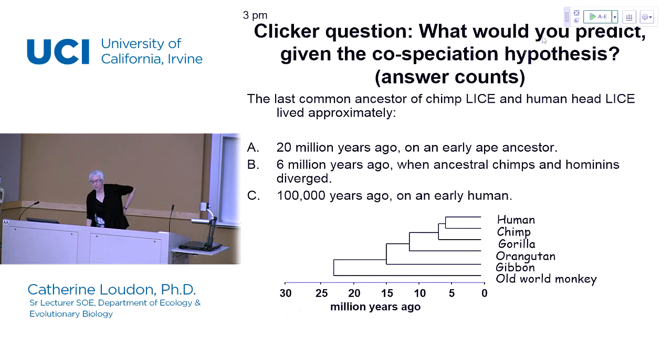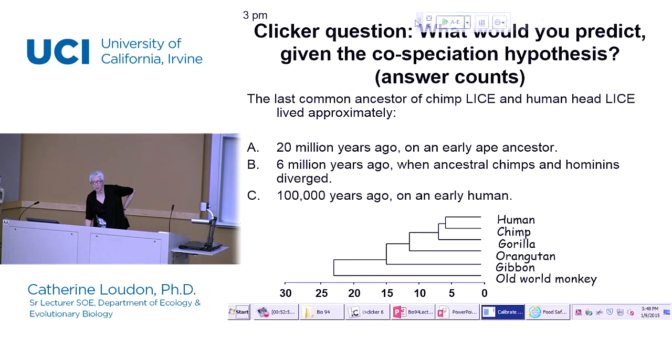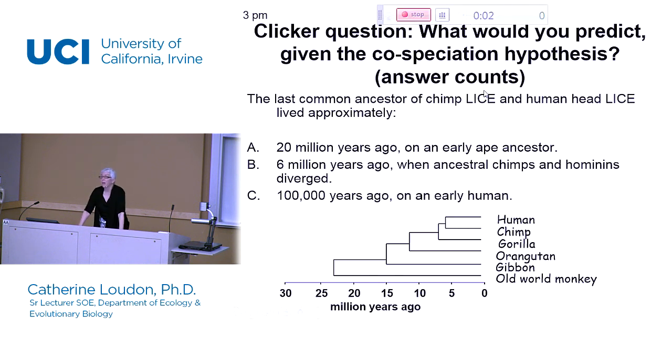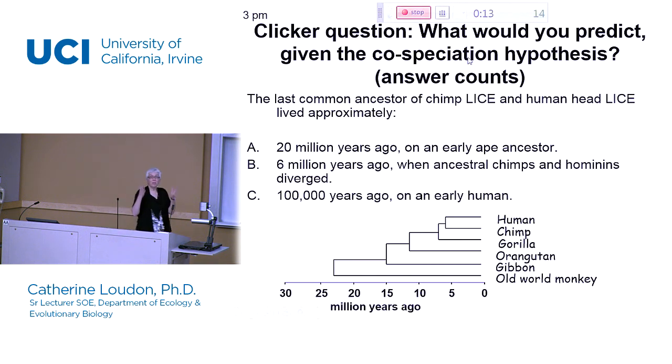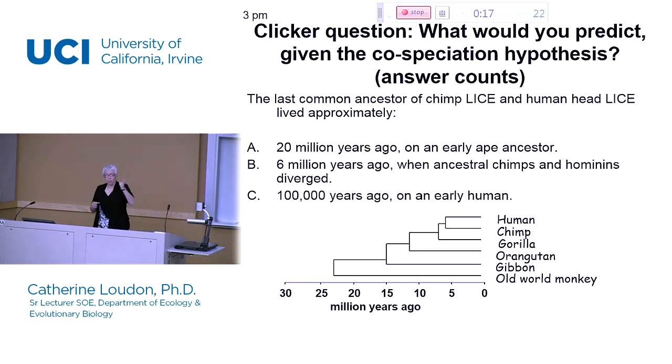To see if you understand this, I'm going to do this as a clicker question. Notice this is an example where the answer counts, meaning you get more credit if you answer correctly than incorrectly. So I'll walk through it with you. What would you predict if we assume the co-speciation hypothesis is in fact true, that what's driving the divergence of the lice is the divergence of their hosts?